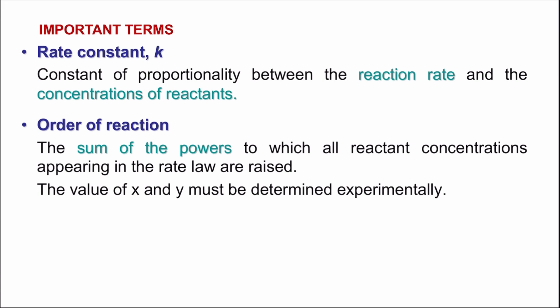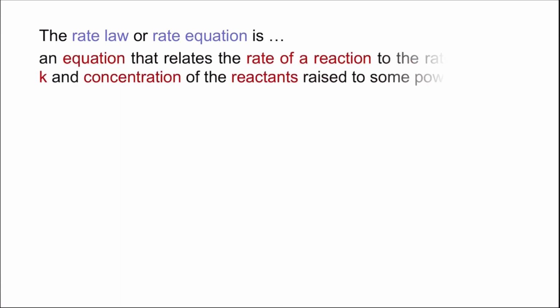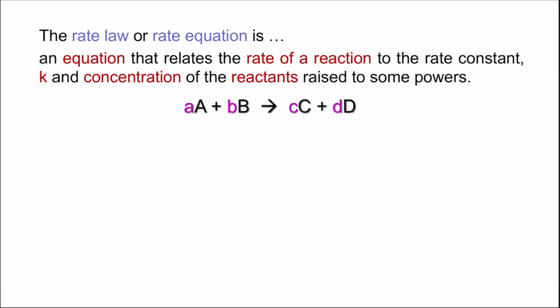So what I'm talking about actually, so mari kita masuk bahagian rate law. So rate law ataupun another term adalah rate equation, dua benda yang sama, is an equation that relates reaction rate to the rate constant K dan juga concentration of reactants raised to some powers. Contoh saya ada this equation.